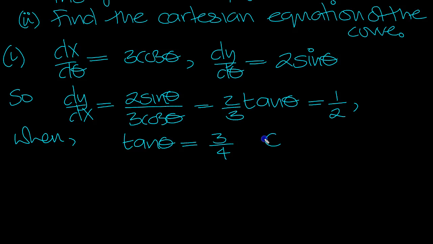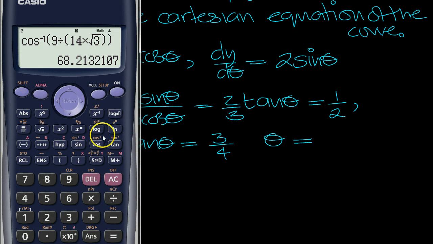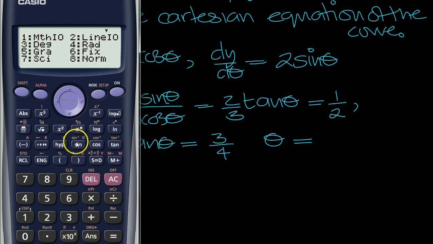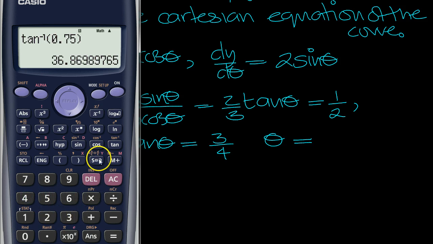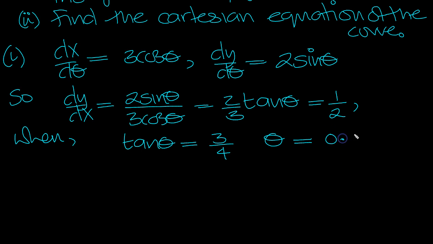So we just do shift tan 3/4 on the calculator. We need to be in radians mode, so 0.75 is 3/4, equals, let's go to the radians mode here, number 4, and that equals then in radians 0.6435 radians.